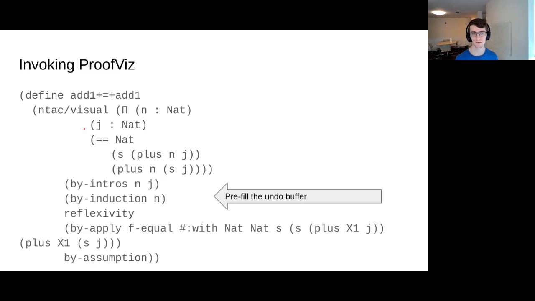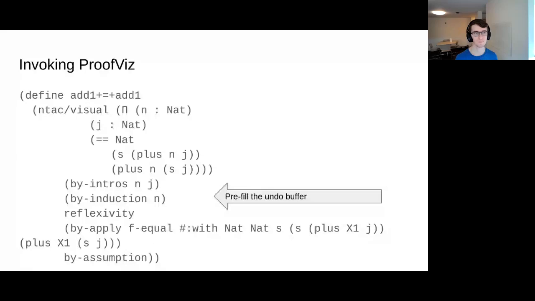However, if we have other tactics in the proof script, it will collect information about the state of the proof between each tactic and fill the undo buffer in our proof visualizer with that tactic. So this means that we can use the same tool both to develop new proofs and to explore existing proofs and step through them.